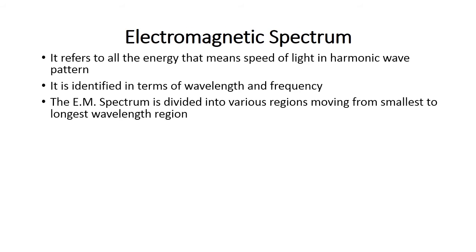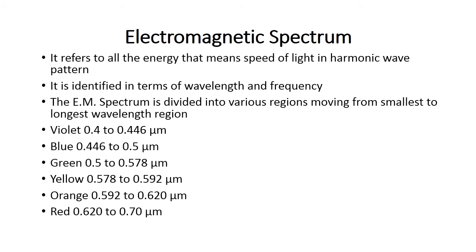The electromagnetic spectrum is divided into various regions. Moving from the smallest to longer wavelength regions, we observe the cosmic rays, gamma rays, and X-rays in the electromagnetic spectrum.